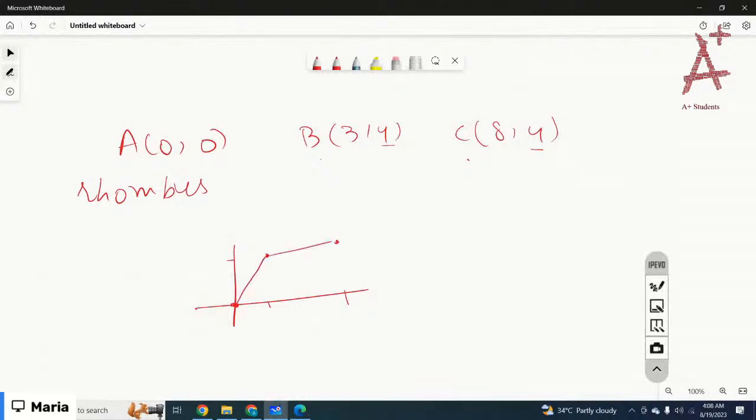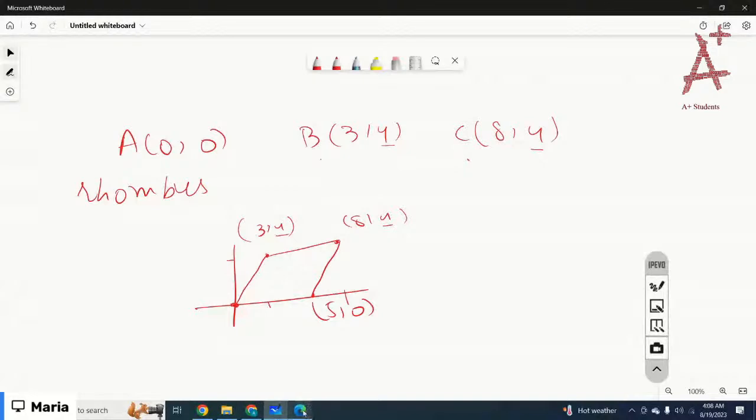You have to find the fourth vertex, right? So you can see this is (3, 4) and this is (8, 4). If you just look at the 4 and 4, the y coordinates are the same. But the difference between the x coordinates is 5, right? That means the next one here would be (5, 0), right?